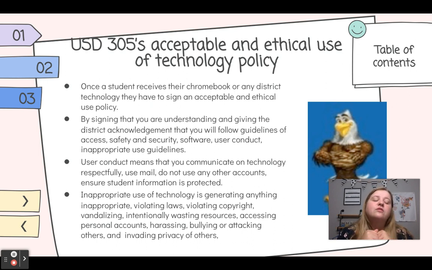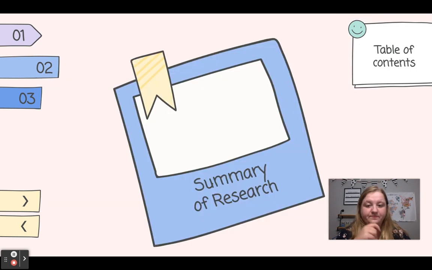If you do not follow these guidelines, when your parents or you as a staff member signed the acceptable and ethical use policy, you stated that you understood that technology is an advantage, but it is not required of you. Meaning if you do not use it appropriately, it will be taken away from you and you will not be able to use it.